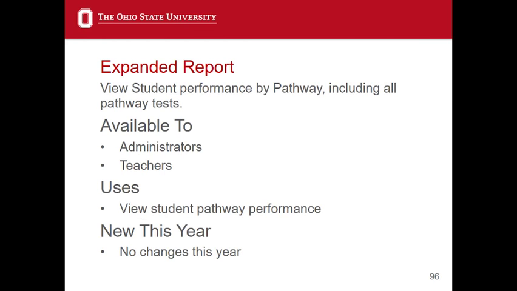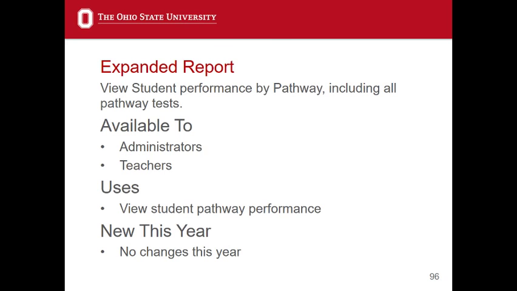So we're going to move on to the expanded report, unless there are additional questions. No? All right, let's talk about the expanded report then. Last year, the expanded report was built into the individual report. There's a little checkbox in the corner of the screen where you could say, show me the expanded options. We decided to break that out into its own separate report because we think it's really useful for you to have.